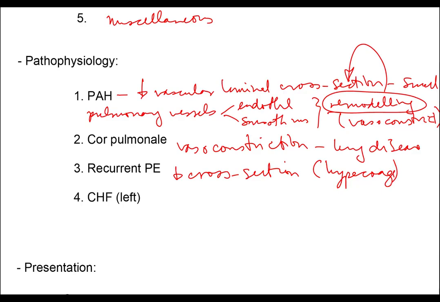And then congestive heart failure, that pathophysiologic mechanism is basically going to be due to increased pulmonary vein pressure following left-sided pressure. So those are the three basic pathophysiologies. The primary is going to be remodeling of small vessels, cor pulmonale, vasoconstriction to hypoxia, recurrent pulmonary embolism, loss of cross-sectional area due to occlusion, and then left-sided failure from the pulmonary vein pressure.